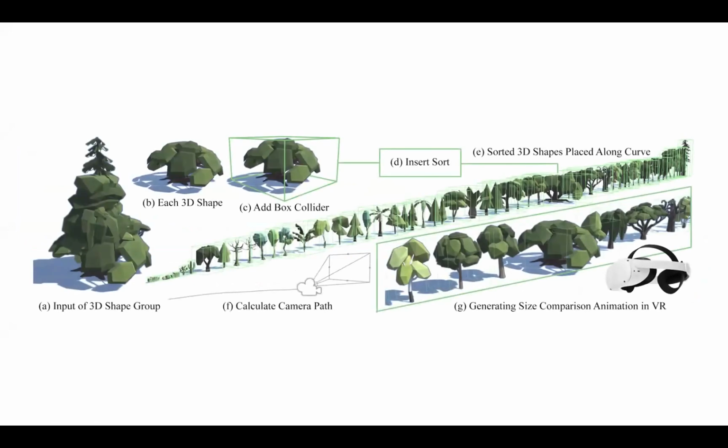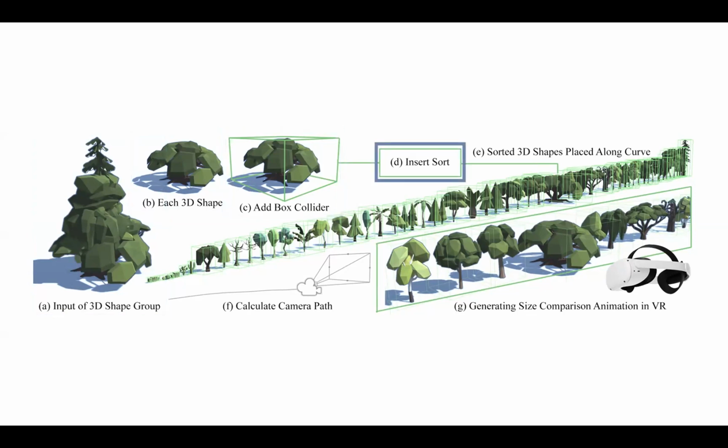Here is the overview of the approach. Given the input of 3D shapes as a group, for each 3D shape we calculate the box collider according to the height, and we do the insertion sort.